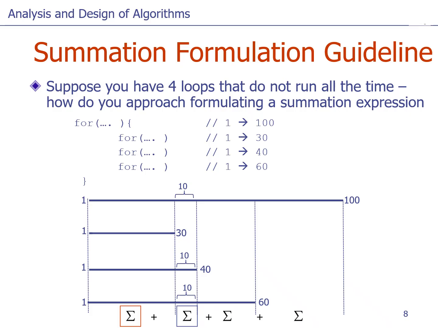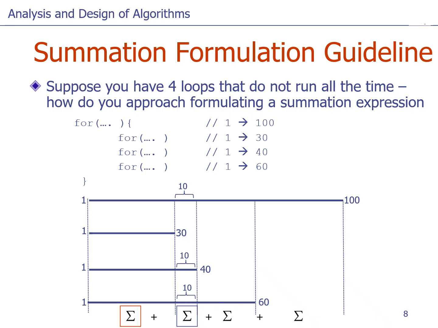So you see the first for loop that goes from 1 to 100, I will just consider the first 30 runs of it, because in those first 30 runs, the second for loop, which is the first nested one, is also running. The third for loop, which is the second nested for loop, is also running. It's running from 1 to 40, but I will consider its first 30 runs at this time. And then the last for loop I will also consider from 1 to 30.